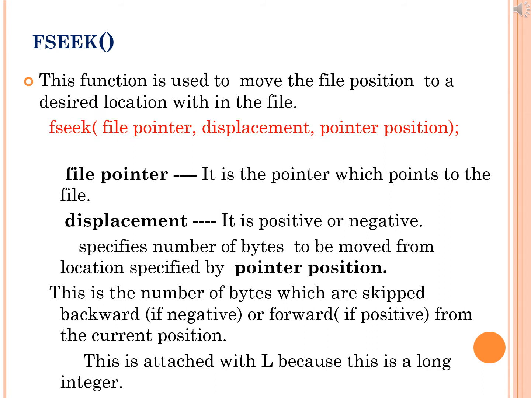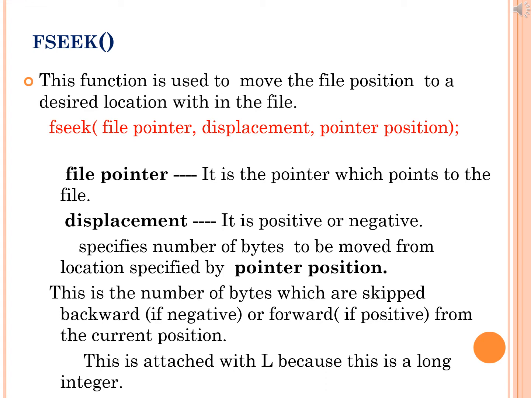Next operation is the fseek operation. This function is used to move to a particular location in the file. The syntax is fseek(file pointer, displacement, pointer position). File pointer is the pointer that points to that particular file. Displacement can be positive or negative.